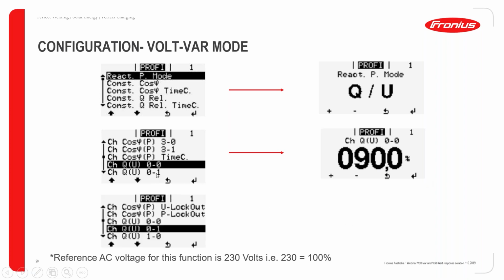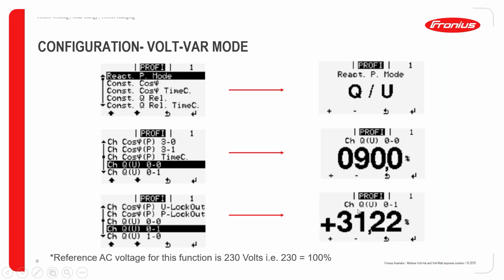You just need to keep going to the next option, which is 0-1. Sorry about that. And then press enter, which is the leading power factor.